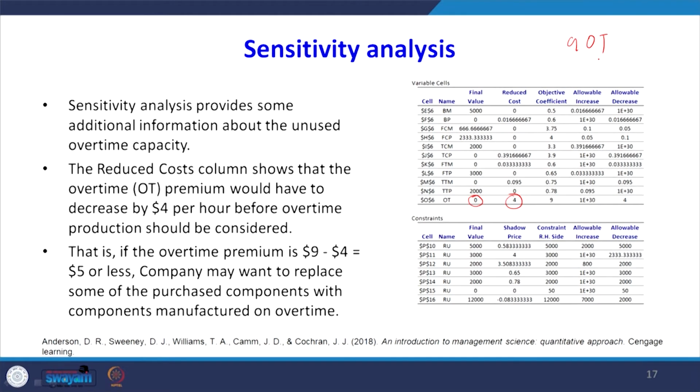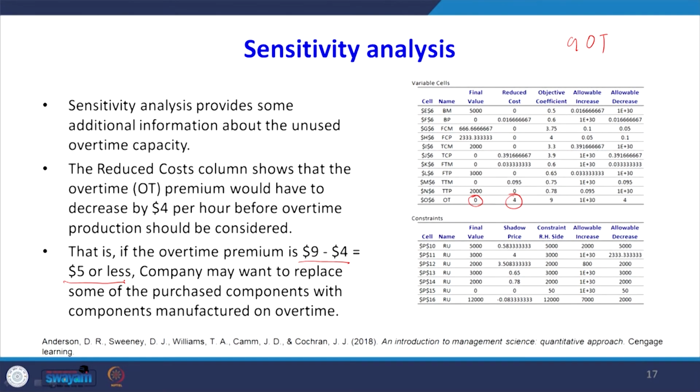So, if the cost of overtime is decreased by 4 more units, then we will get a positive value for the OT. What it implies is that if the overtime premium is 9 minus 4, that is $5 or less, the company may want to replace some of the purchased components with components manufactured on overtime.